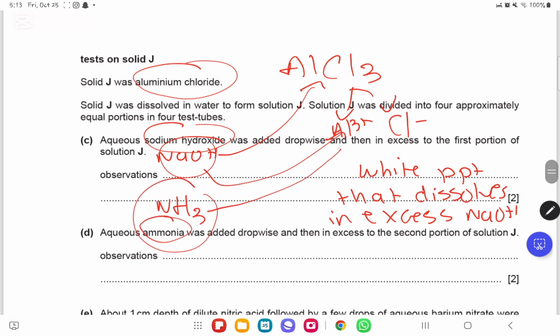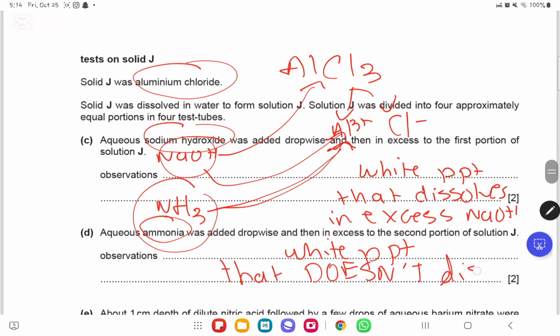Now in the second one, we added ammonia, which is NH3. Adding ammonia to AlCl3, we know AlCl3 has the ions Al3+ and Cl minus. So NH3, when it reacts with Al3+, will form a white precipitate that doesn't, pay attention to, doesn't dissolve in excess ammonia.